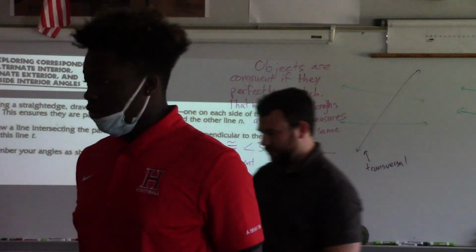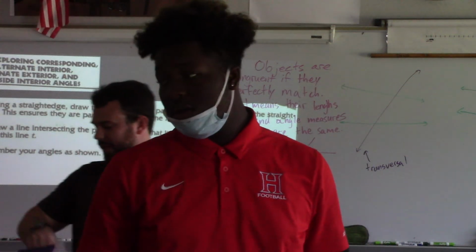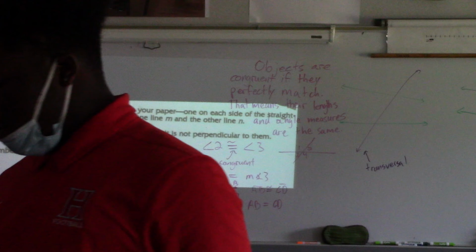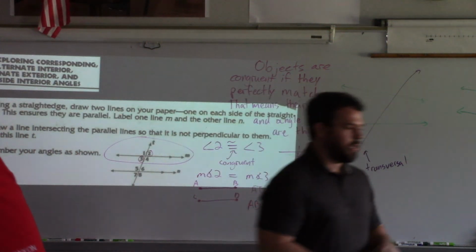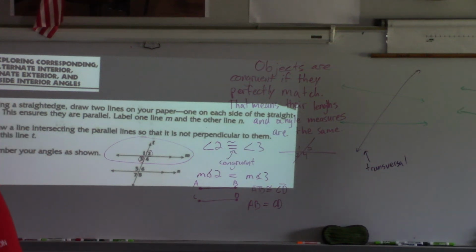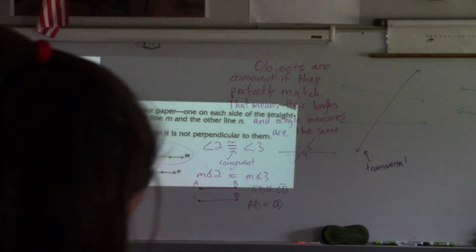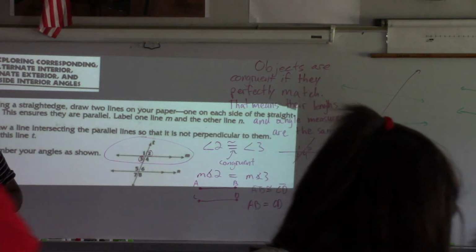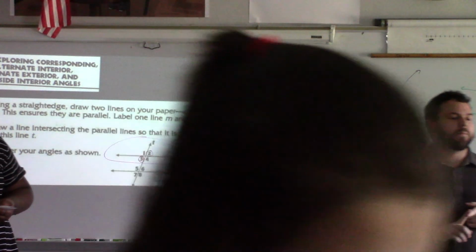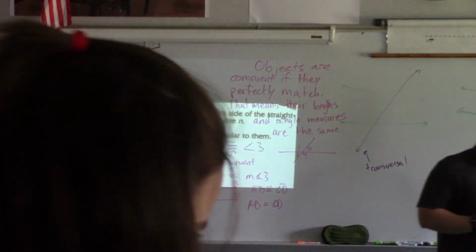Terrence, I need you to make sure everyone on this side gets 4 pieces of patty paper. Terry, I need you to please, thank you. Every person needs 4 pieces of patty paper. You only need 1 piece of copy paper, but you need 4 pieces of patty paper.